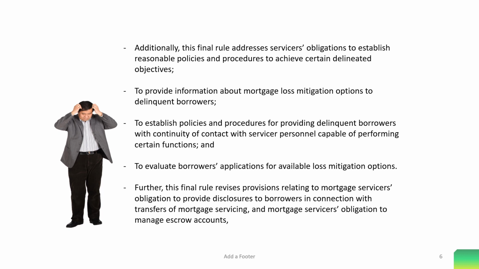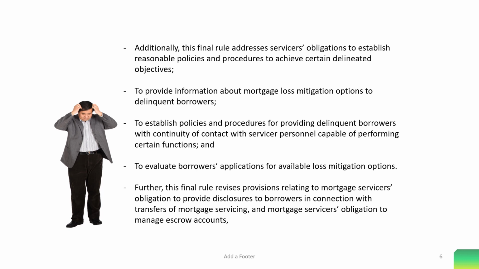In addition to what we've shared with you, the final rules address the servicer's obligation to establish reasonable policies and procedures to achieve certain delineated objectives. I want to ask an attorney what a delineated objective is, but nonetheless, it's also to provide information about the mortgage loss mitigation options to delinquent borrowers that are available to you, still available to you, or were available to you and you did not know it.